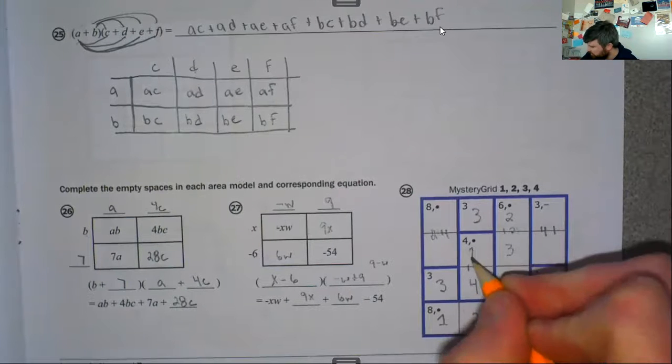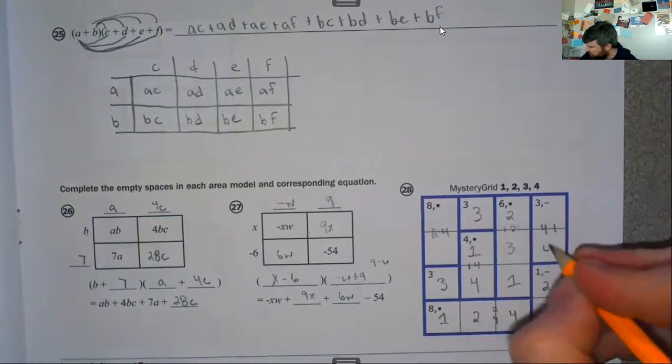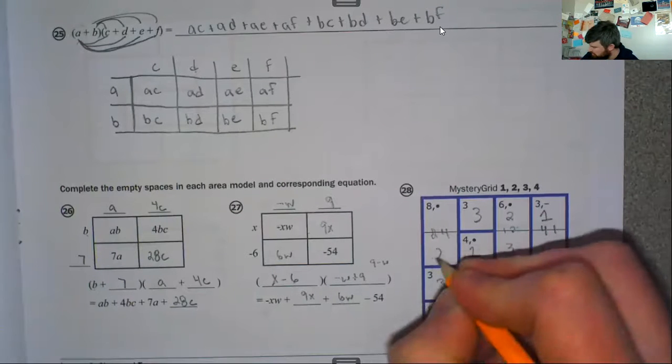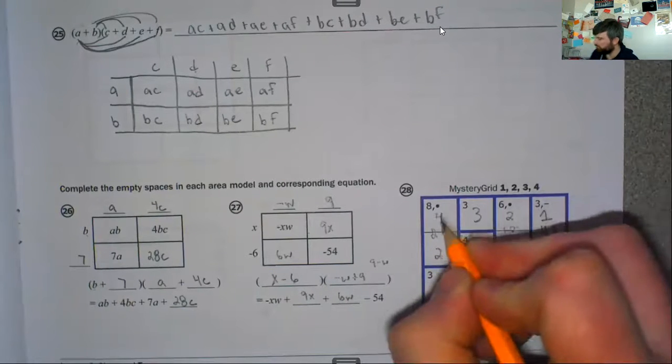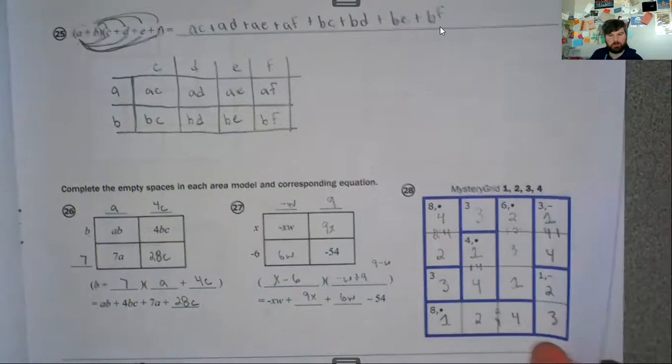So this is a 1. This can't be a 1, so there's your 4 and your 1. This has to be your 2, and this has to be your 4. Okay. So a little bit tricky on that one with that vertical column of 3 numbers.